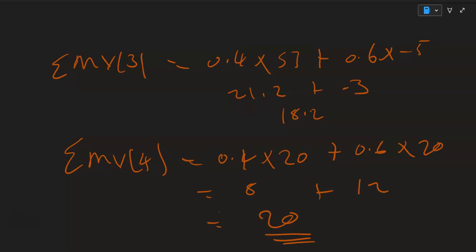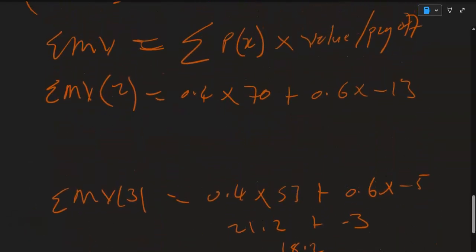Okay, all right, we continue. Let us address another component, this one, which is 0.4 times 70. Okay, what is 0.4 times 70? That is 28. Okay, then what about 0.6 times 13?